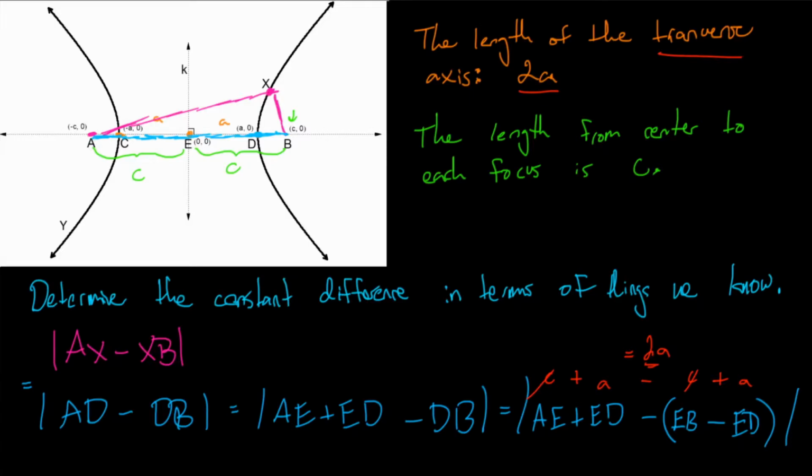All right, let's derive this thing. It's a doozy. So what do we know? We know that the constant difference is 2a. That is critical in doing this derivation. So we need to choose an arbitrary point on the hyperbola. I have the point P right here.